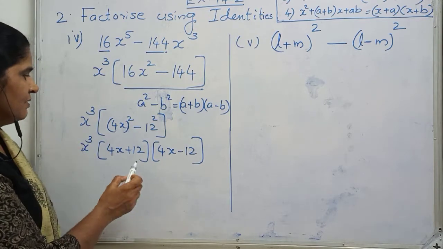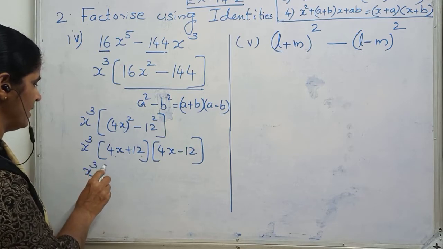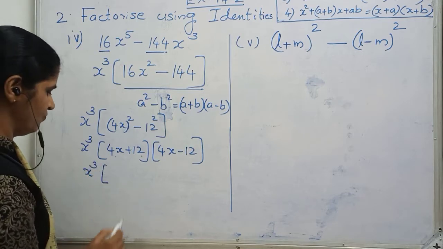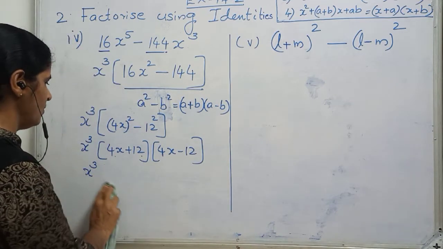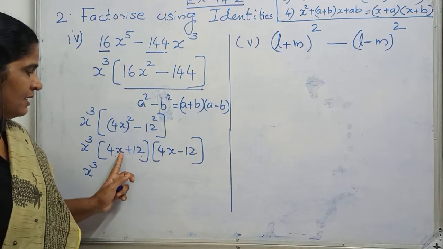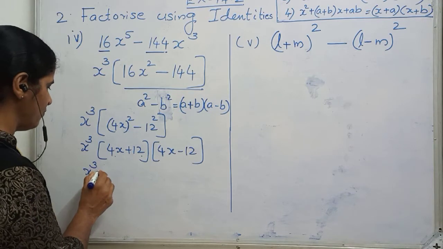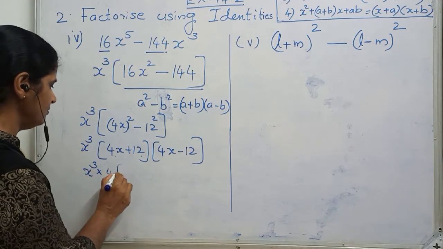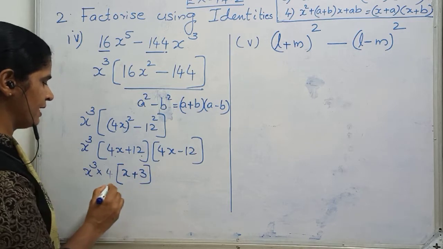And again, there is one more common factor. After taking out x raised to 3, there is a 4 common in each bracket, because we need it in the irreducible form. There is a reducible form again in this. 4x plus 12 has a 4 in it, so it will come as x plus 3 inside the bracket.